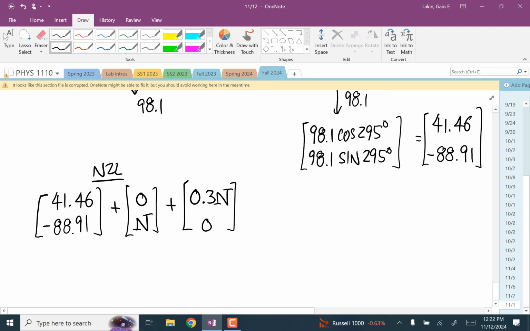And that's equal to the mass of 10 times the acceleration. Is this thing moving along the x-axis or the y-axis? X, so I'm going to write the acceleration as a, 0.